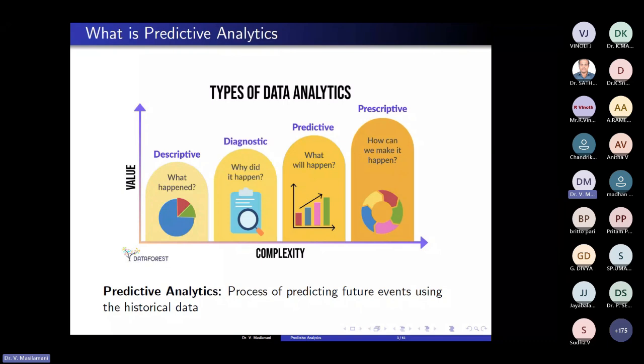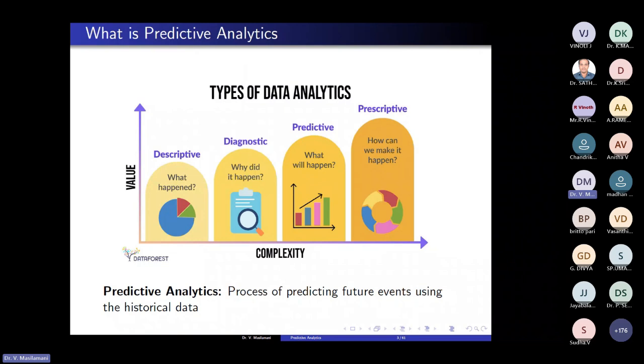Diagnostic: suppose we see that the class average is so low, finding out why the class average is so low, that is diagnostic. Whereas predictive means, suppose some student has scored some marks in test one, test two. What is the mark that he will score in the third test or fourth test, and so on.